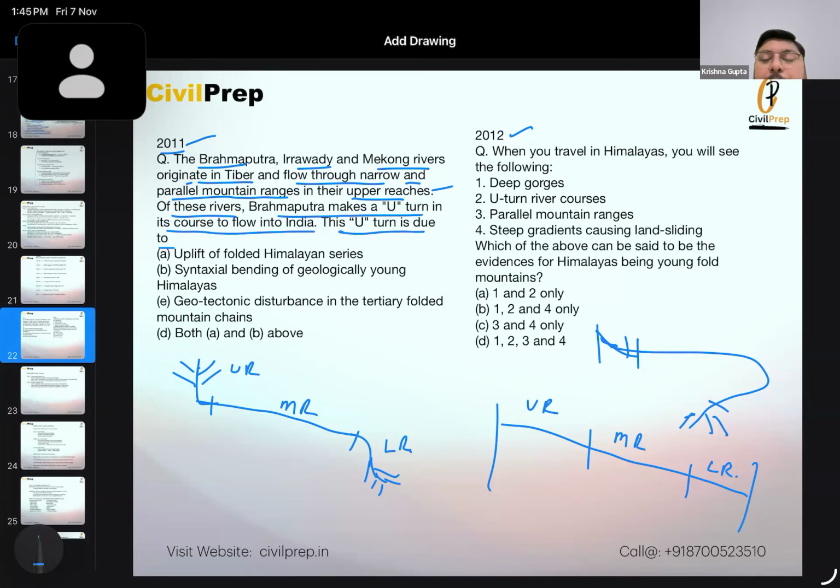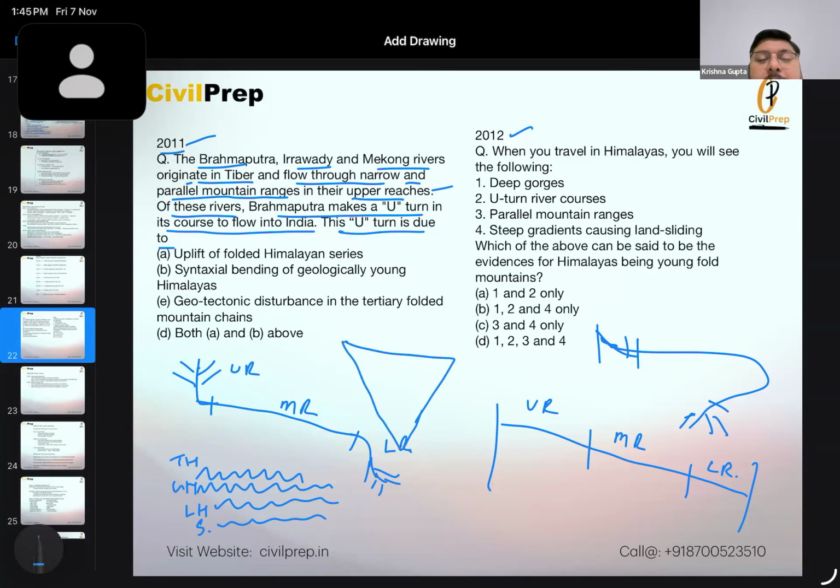This U-turn is due to the Himalayas. We'll be saying that there are ranges of Himalayas. For example, if this is Trans Himalayas, this is Greater Himalayas, this is Lesser Himalayas, and then we have Shivaliks. Here we'll see that syntaxal bands are being formed according to the Indian plate.